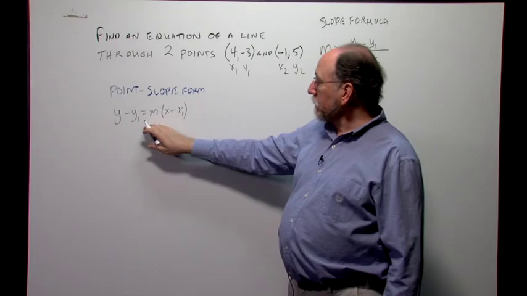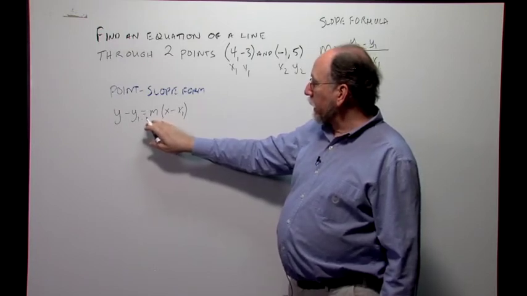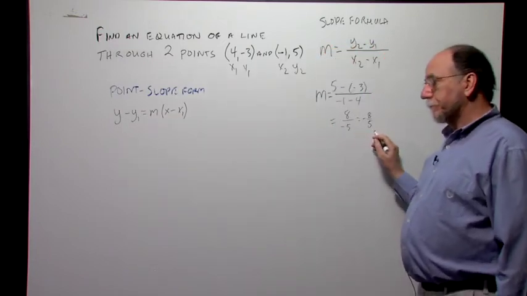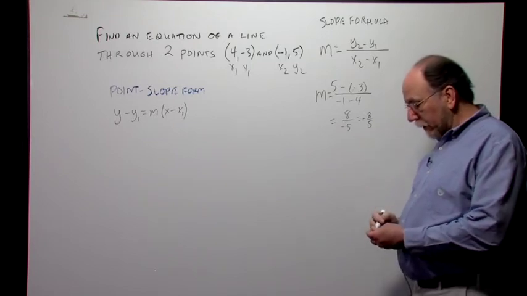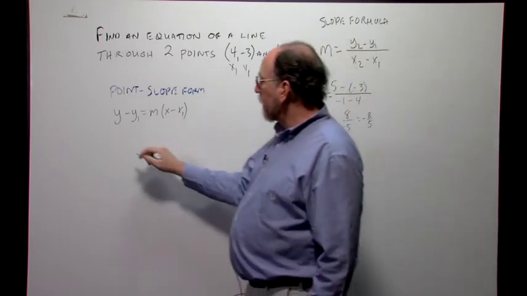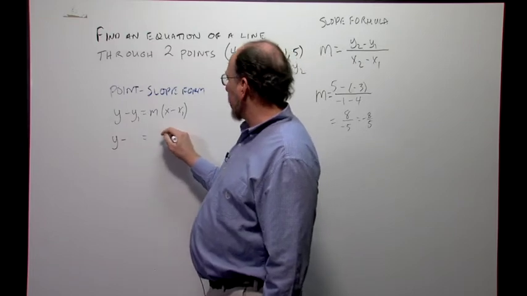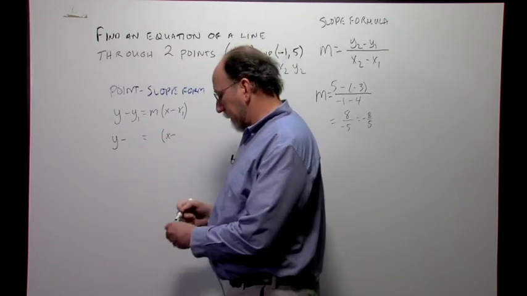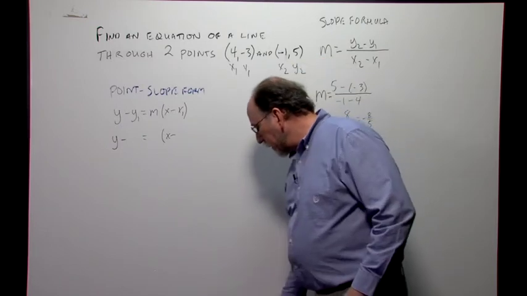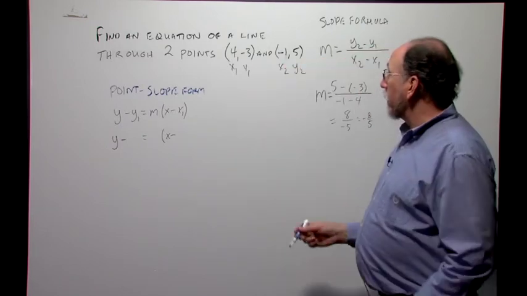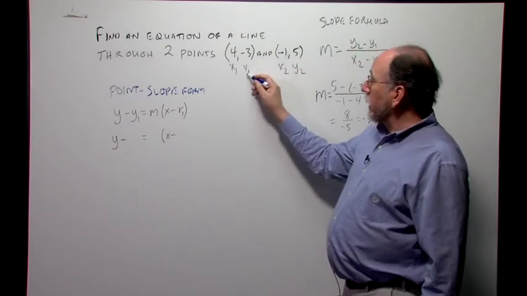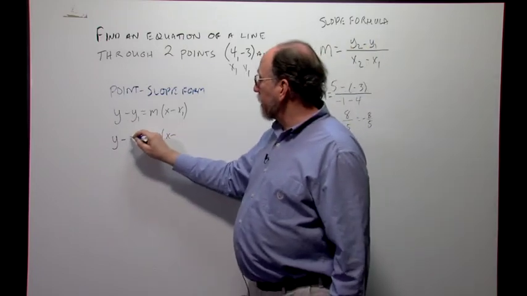And we're going to fill in this slope that we just calculated. So let's put that information in. I'm going to write it like this in black for the parts of the formula that are going to stay the same. And then in blue, I'll fill in the information that we have. y1 is -3, so that goes here.